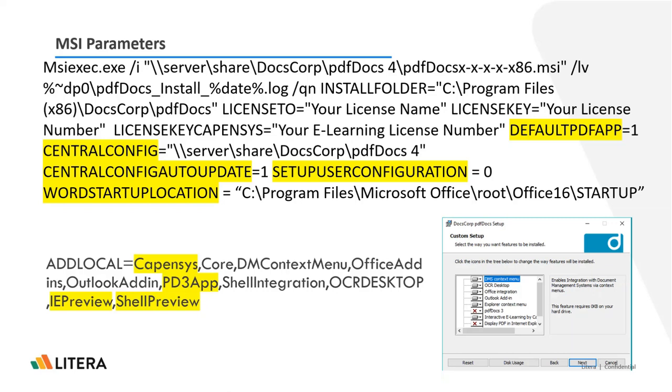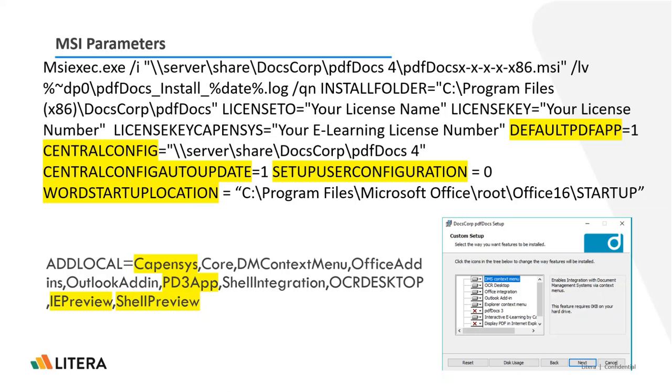So Word startup location. If your Word startup location is anything other than the default, which is app data roaming Microsoft Word startup, then you need to specify where that is.